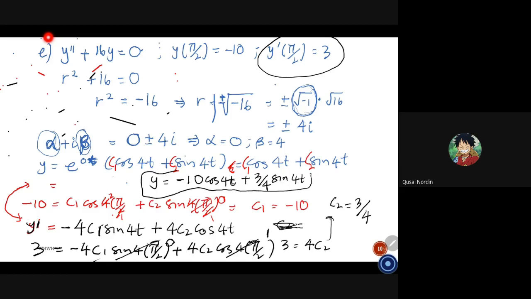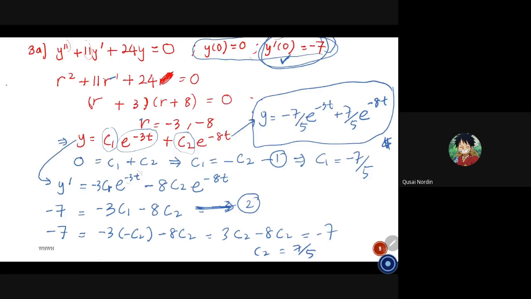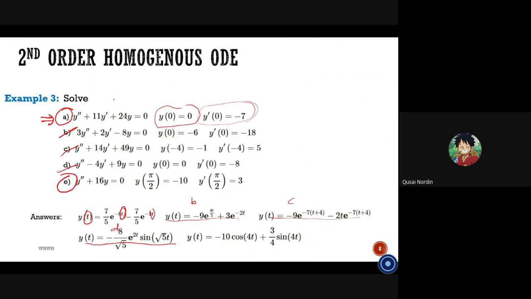Okay, so this is the solution for example 3E. Try to check whether the answer is the same as what we have here. Okay, see? Same, right? y(t) is equal to negative 10 cos 4t plus 3/4 sin 4t.